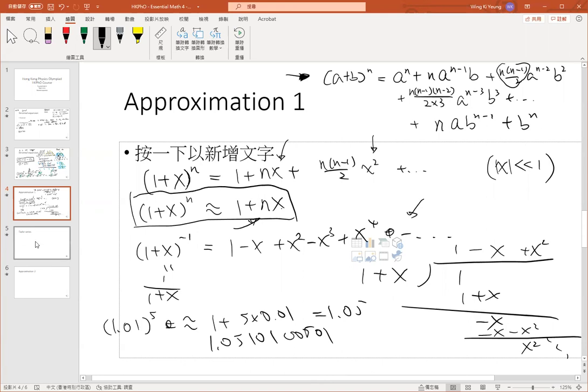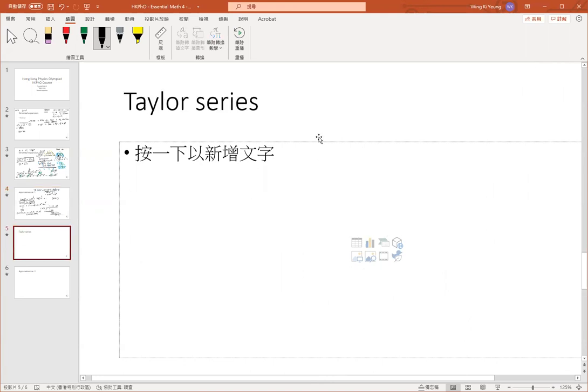Then the next thing we're going to learn about is the Taylor series. We haven't learned about differentiation yet, but we are not going to learn it in this combination.